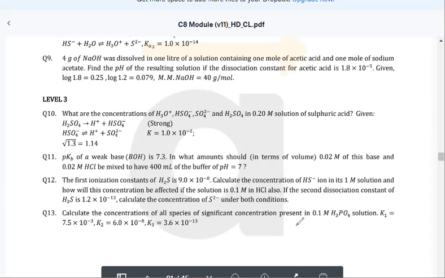So let's see, first we'll try to solve, then we will think. Now, if we think about the first one, K1, H3PO4 gives H plus plus H2PO4 minus. Agree?